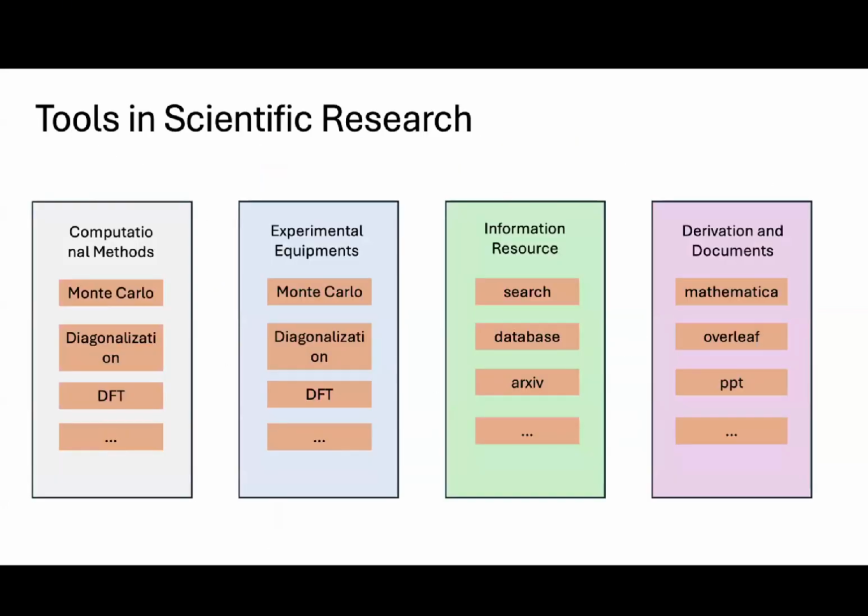So talking about scientific research, each of us has different research fields, and we all have very different research tools. Roughly speaking, if I classify the research tools, we have computational methods, like all the simulations, molecular simulation or density functional theory computation in material science, all these different kinds of tools, which may require a lot of skills.